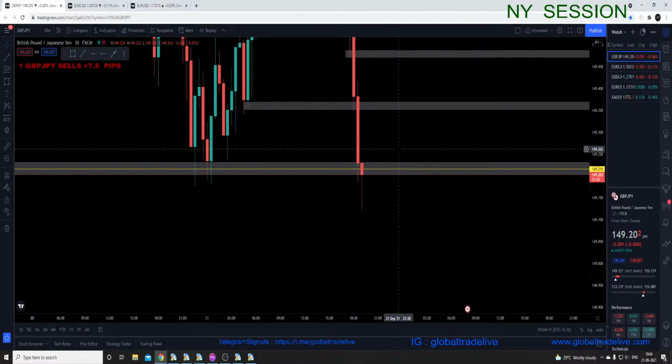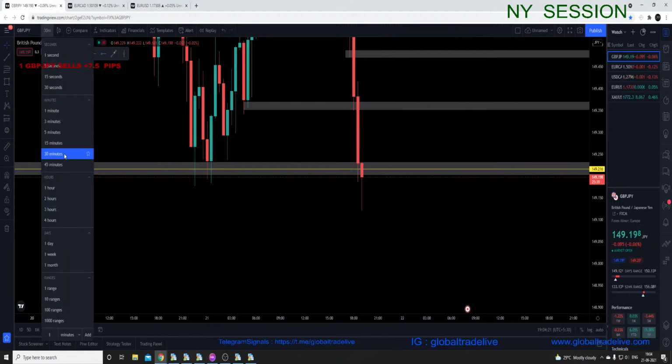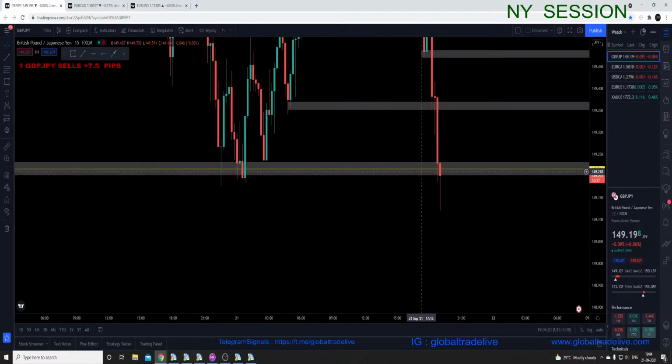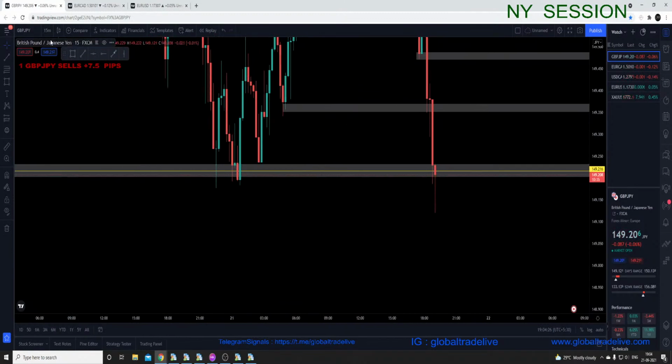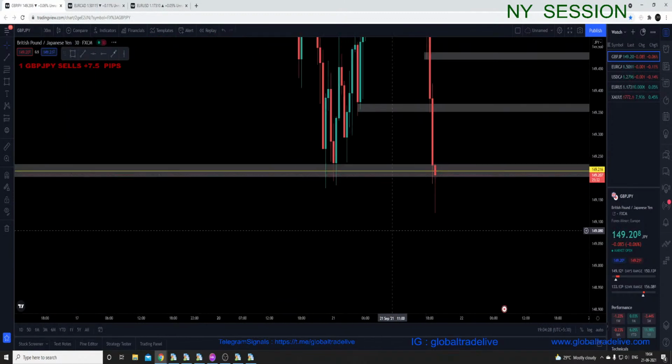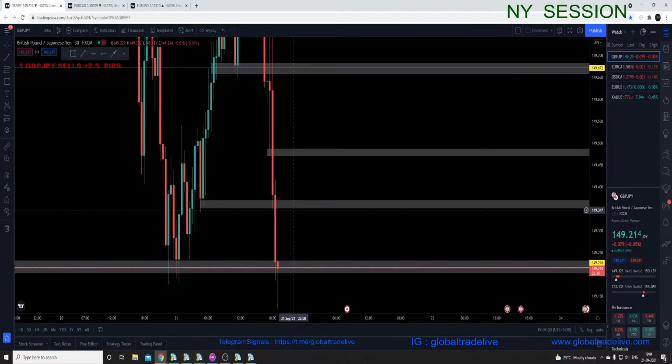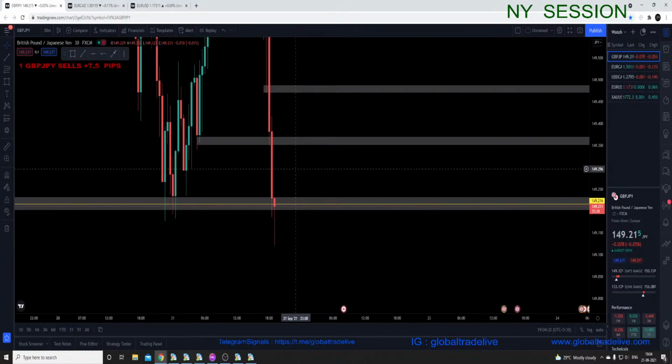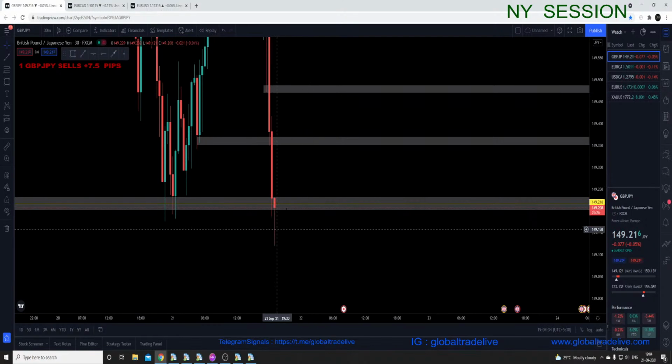So this is something I don't like about setups, because this setup I don't like. I really don't like this setup at all. Now I need something to form in 15 minute or 30 minute or somewhere around, so that I can feel comfortable in taking this trade, because right now it's not comfortable at all.